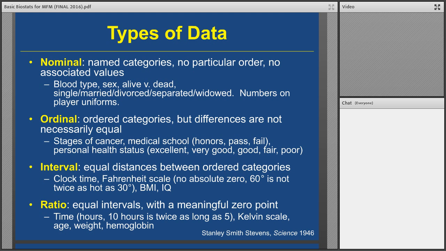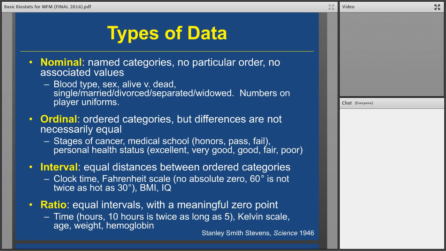So we have to break our data up into what does the data look like, or how is the data grouped. So we have four different major categories, and the top two and then the bottom two are grouped into categories together. Nominal and ordinal data are generally grouped together, and interval and ratio data are generally grouped together, and you'll see why in a couple of slides.